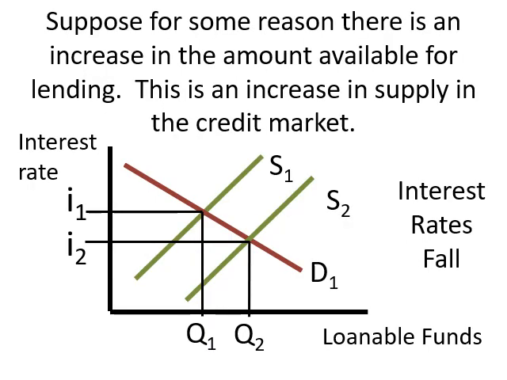So now let's say that for some reason, we won't worry about the reason yet, but just for some reason, there's an increase in the amount of money that banks have available for lending. This is an increase in supply in the credit market. So you see we have our supply and demand diagram, and increase in supply, and I hope you remember what an increase in supply does.